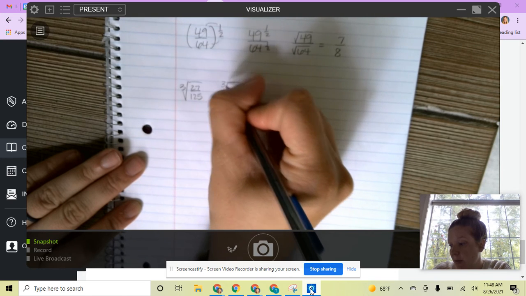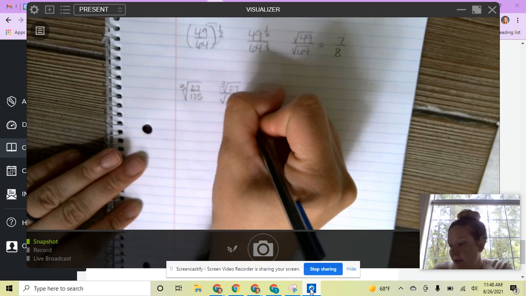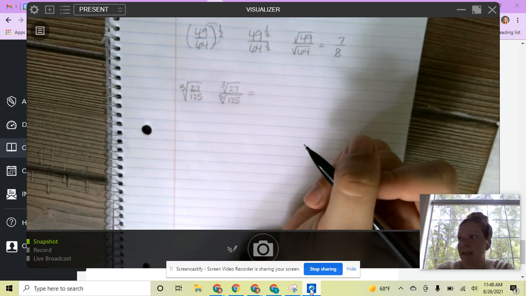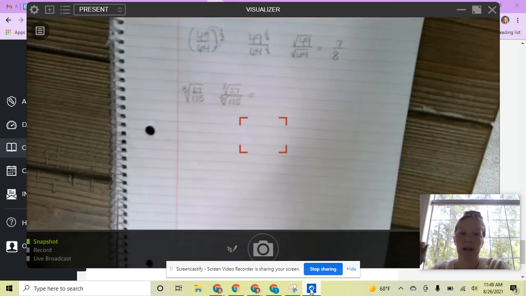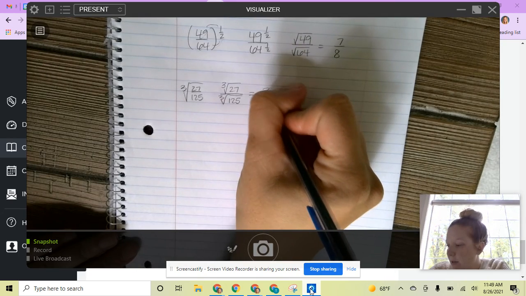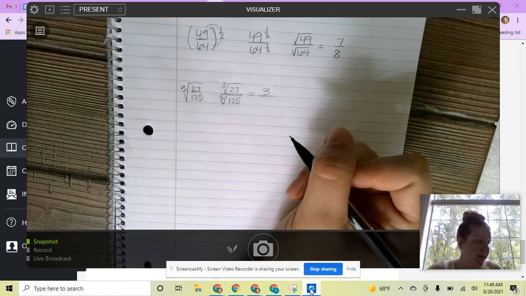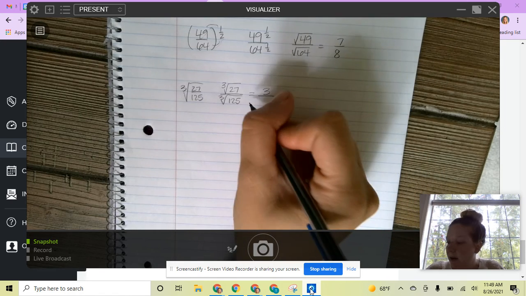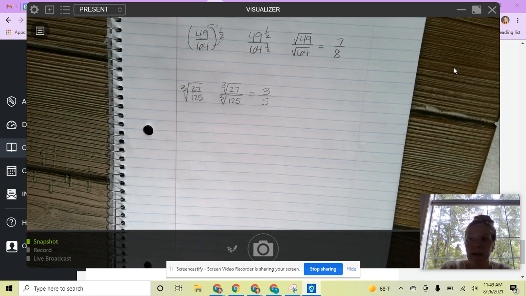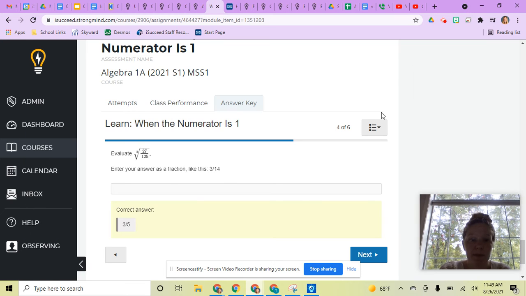So this is the cube root of 27 over the cube root of 125. Cube root means what times itself 3 times equals that number. Something times itself 3 times equals 27, and that thing is 3. You can also use a calculator to figure that out. And for 125, that is 5, since 5 times 5 times 5 is 125. So 3/5.